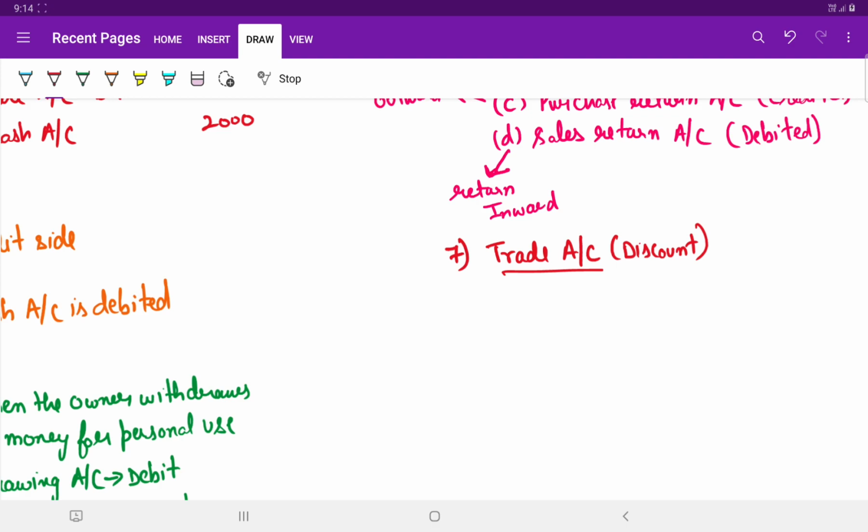So, for such things, discount entries are not recorded in the journal and the money is just simply deducted. For example, we have to make an entry if goods worth rupees 4,000 are purchased at a trade discount of 5% for cash.